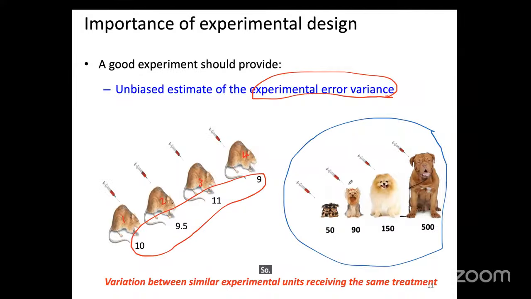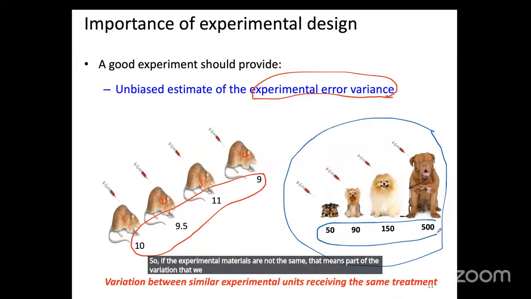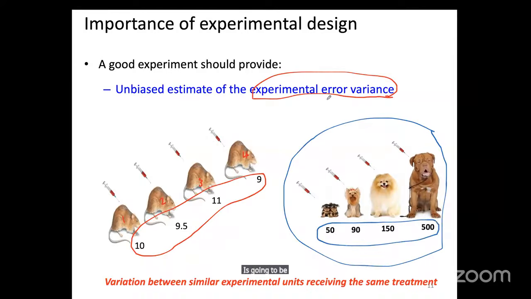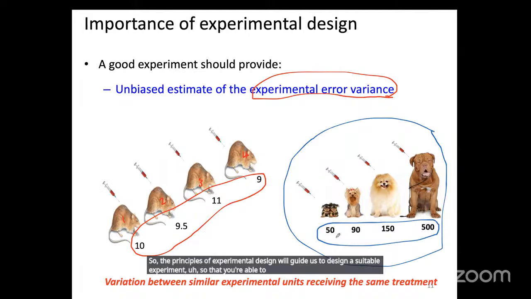So if the experimental materials are not the same, that means part of the variation that we observe here is going to be due to experimental error, and part of it is going to be due to something else, which is related to the differences in your experimental material. So the principles of experimental design will guide us to design a suitable experiment so that you're able to estimate the two things I talked about without any bias.